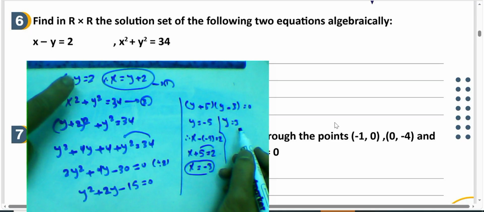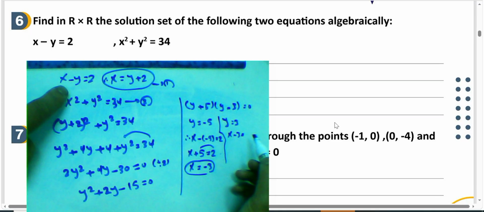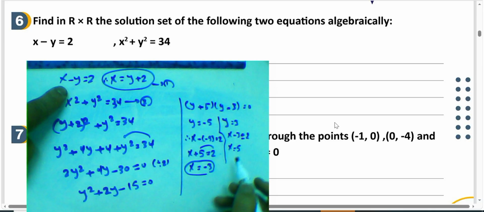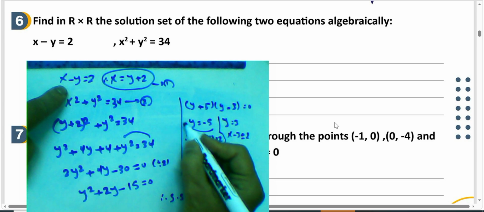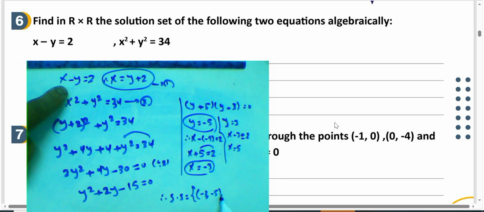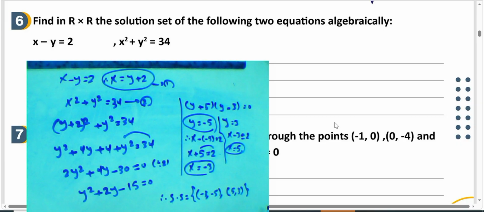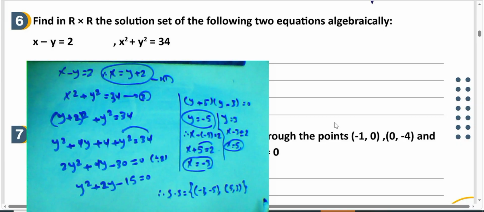And y equals 3: write x minus 3 equals 2, and the value of x will be 5. So the solution set: write -3 and -5, it's the first solution, and second we have 5 and 3. Okay, we have two solutions for this question.